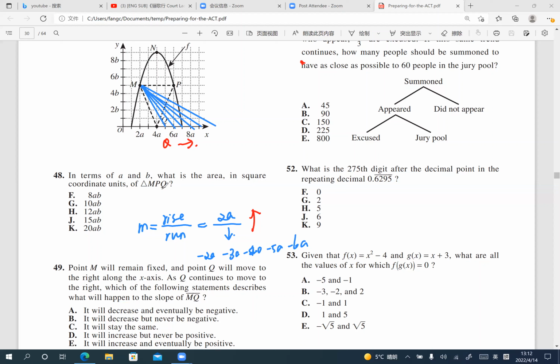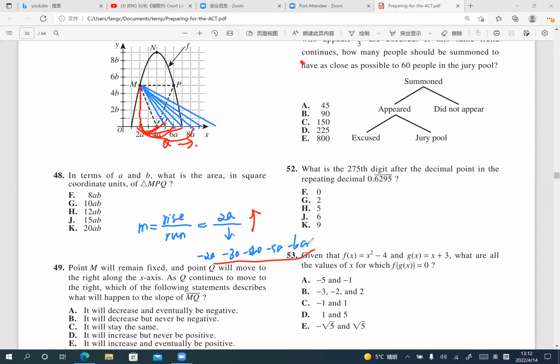the rise stays the same, 5b, because the slope equals the rise over run. The rise stays the same, but the run goes from negative 2a to negative 3a, negative 4a, negative 5a, negative 8a.